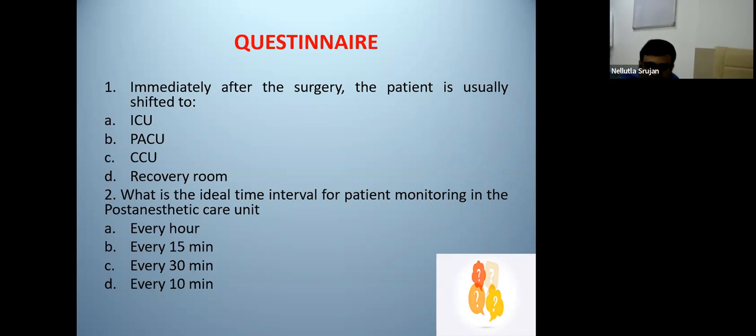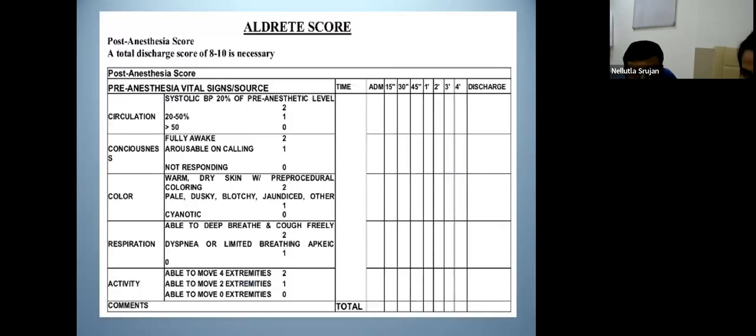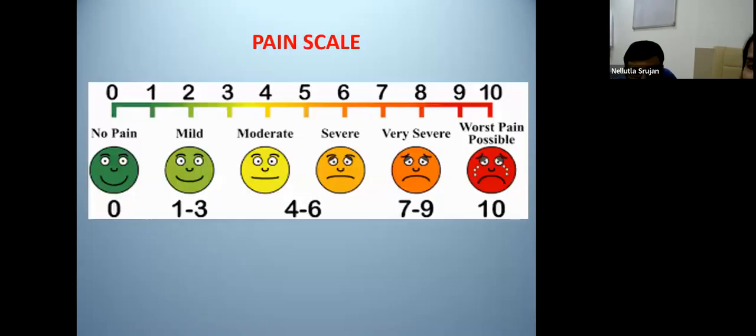Okay, let's take up some questions from the chat box. Yeah, this she has already explained. What are the various pain assessment scores in post-operative patients? We have different types of scales available: the verbal descriptor scale, numerical scales, and also behavioral scales.